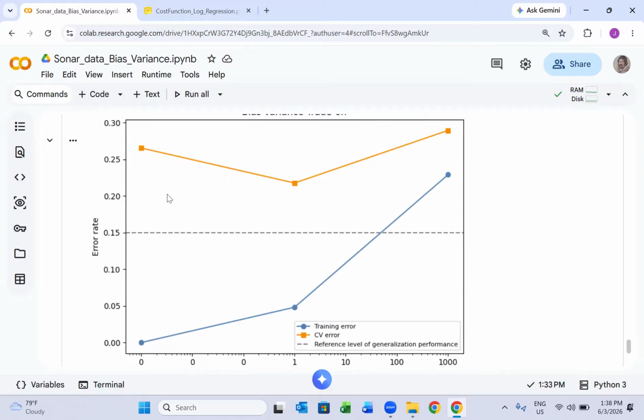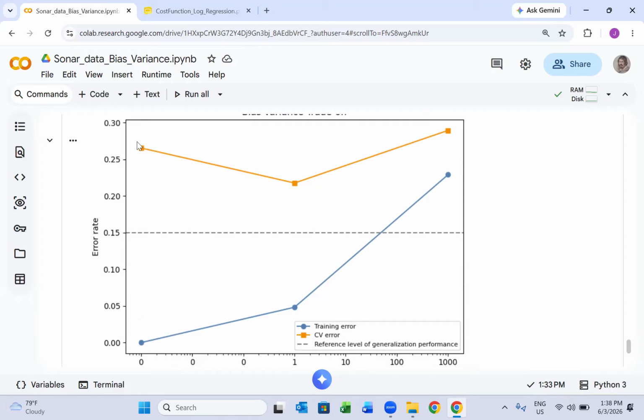So the first model, the one we obtain with a small lambda, is giving us a high variance situation. Why? Because we see a big gap in the training and validation performance, and the training performance is much better than the validation performance.